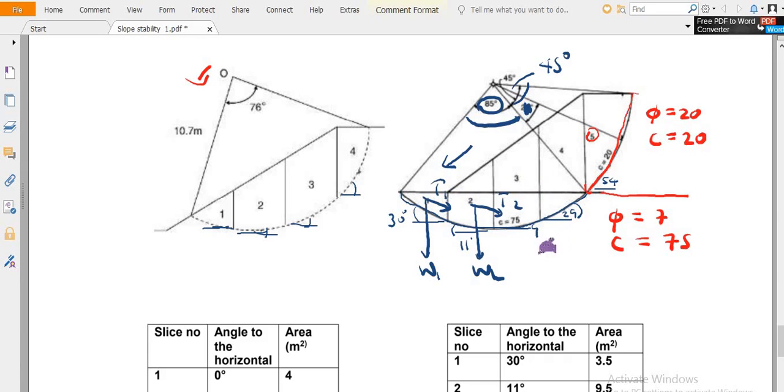Now the sliding happens in this direction. These T1 and T2 are against that sliding, so they act as resisting forces. All these 3, 4 and 5 are in the direction of the slide, but slices 1 and 2 are against the slide.